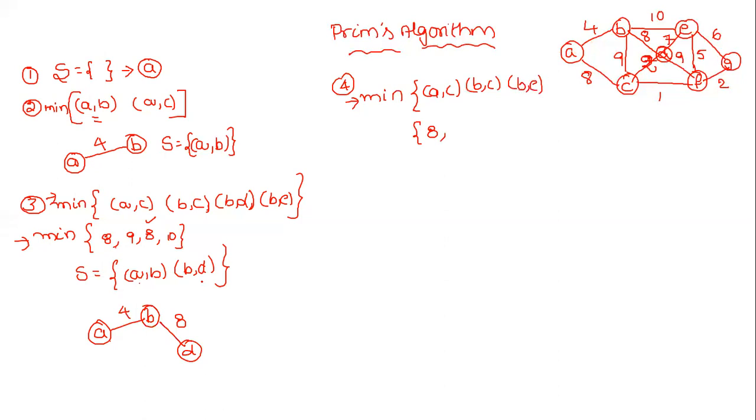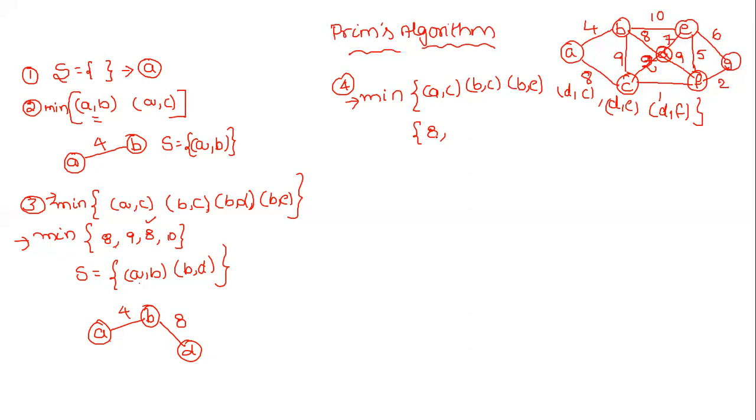And one more node is there, that is D. So we will consider D to C, D to E, and D to F. All of these are going to be checked.